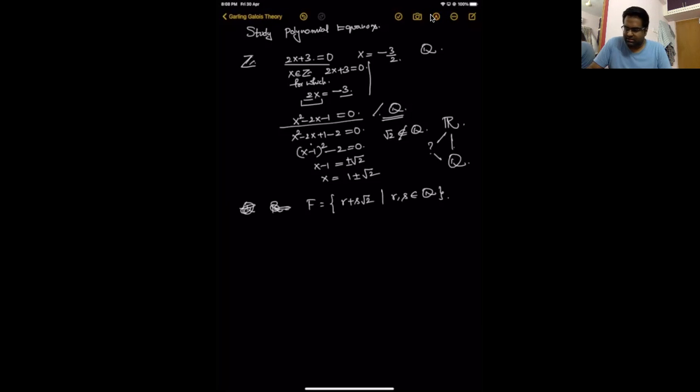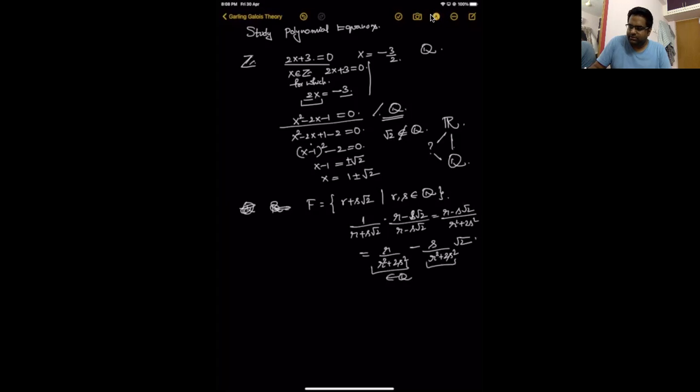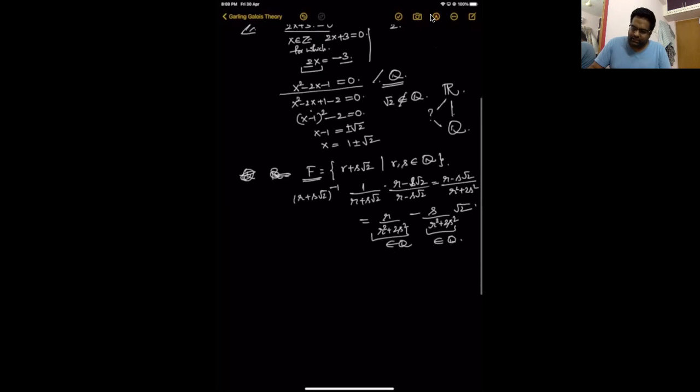It is obviously a ring, and any non-zero element has an inverse 1 over (r plus s square root of 2), which is of the form (r minus s square root of 2) over (r squared minus 2s squared), which is r over (r squared minus 2s squared) minus s over (r squared minus 2s squared) times square root of 2. So this is an element of Q, and this is an element of Q. Therefore every non-zero element in F is invertible, and therefore F is a field.